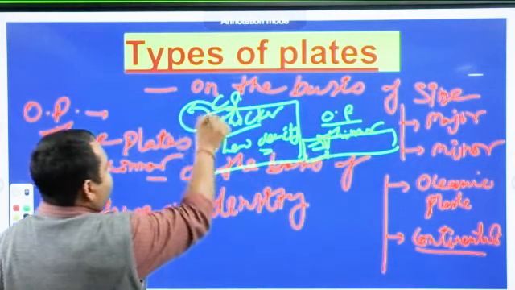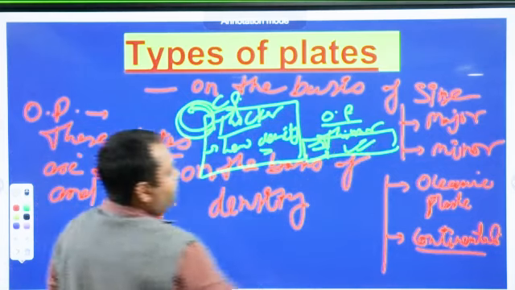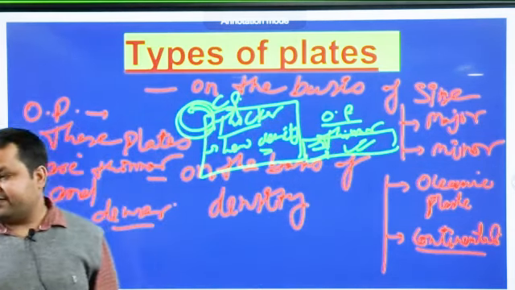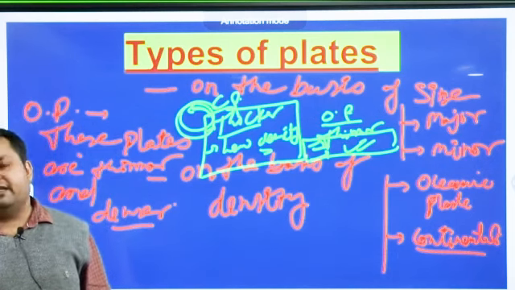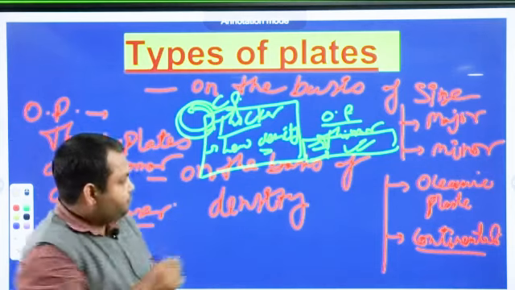Continental plate is thicker and lighter, and the oceanic plate is thinner and heavier as well as denser, right?